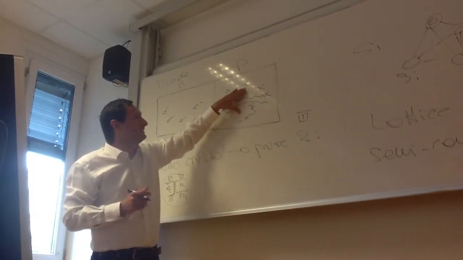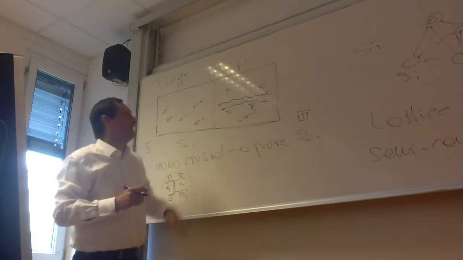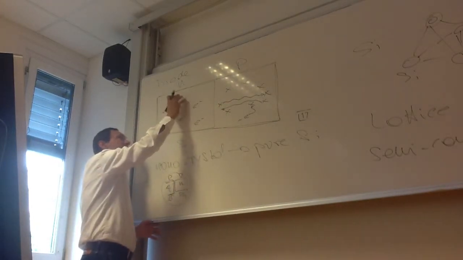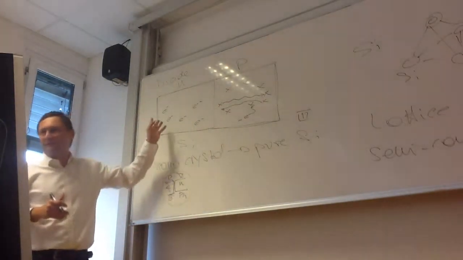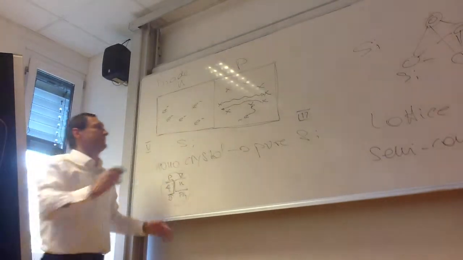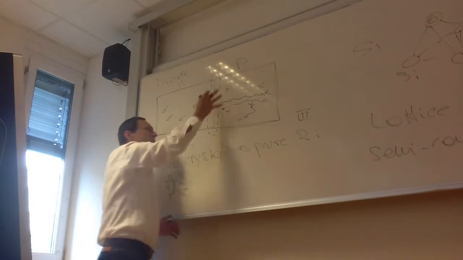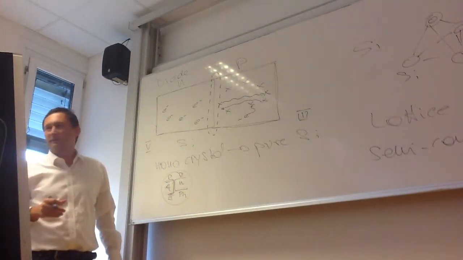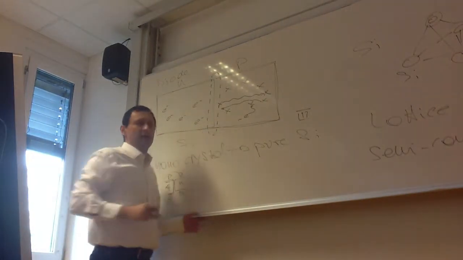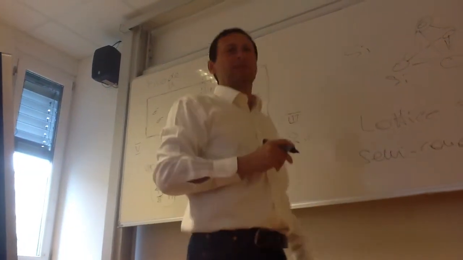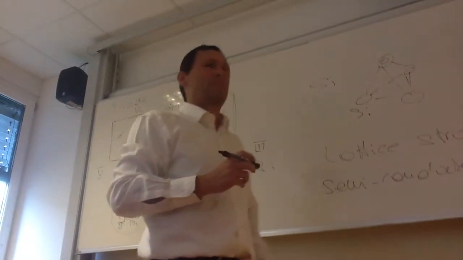And the properties of the semiconductor are not defined by this so-called bulk material, but the properties are defined by the area where the two materials meet. That's where our interesting properties occur.